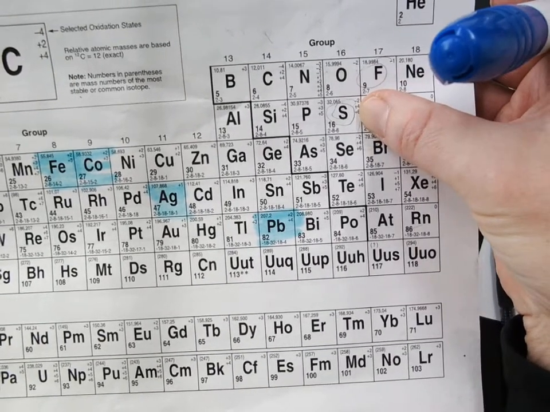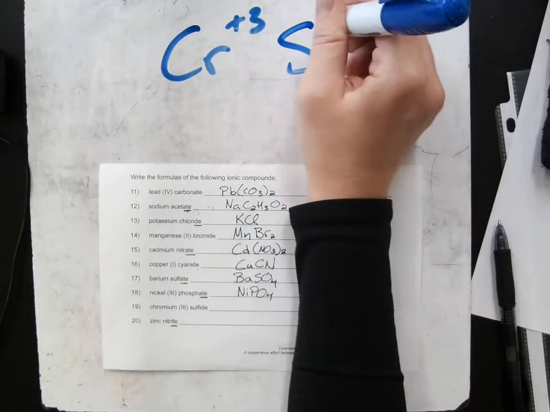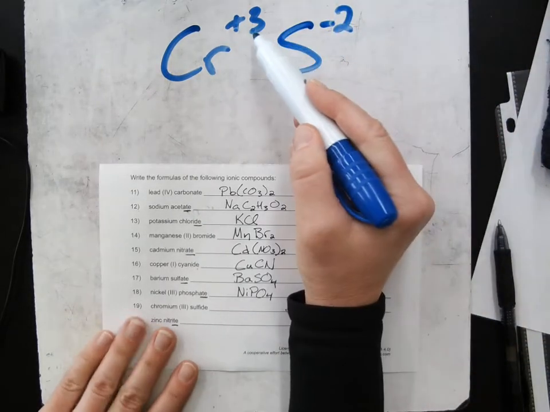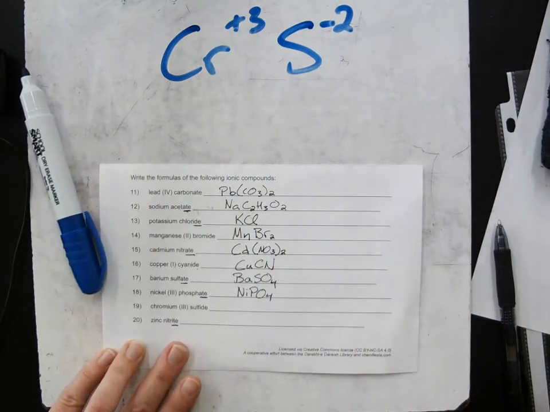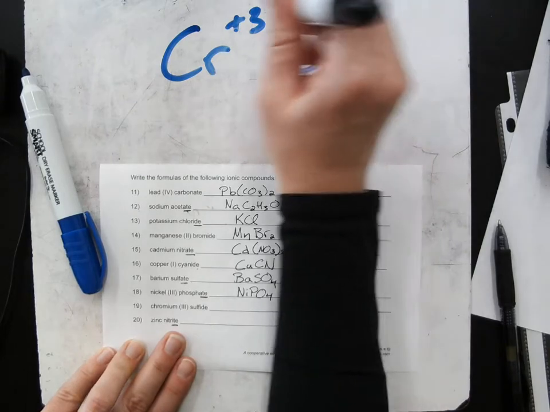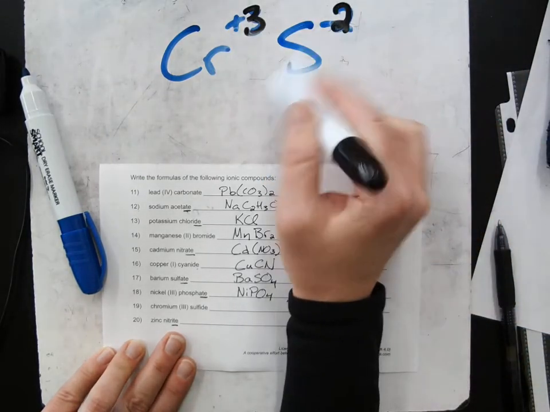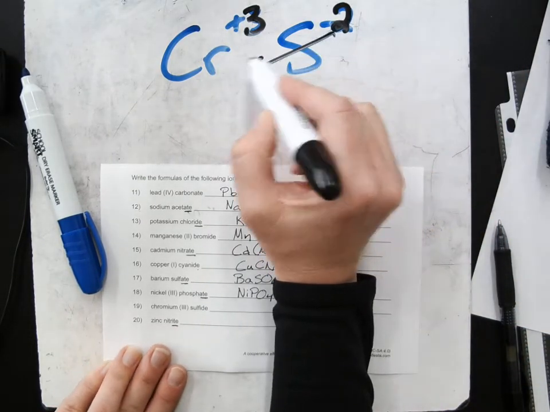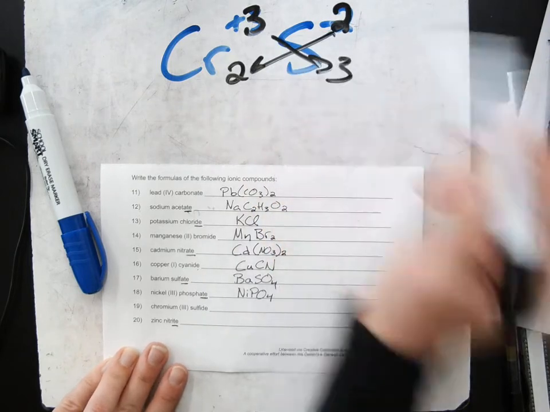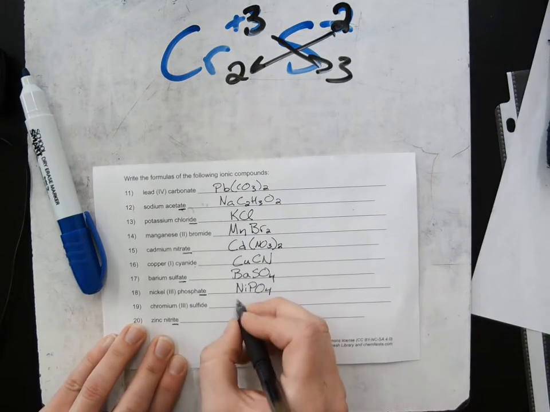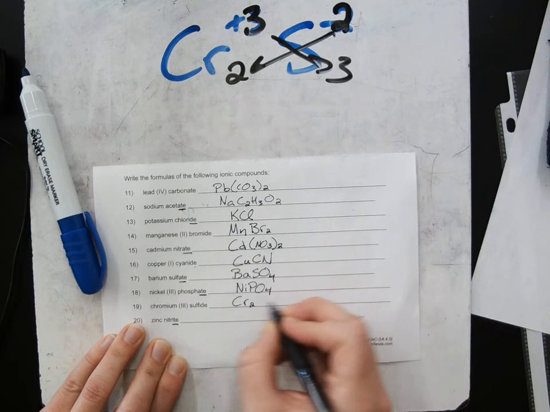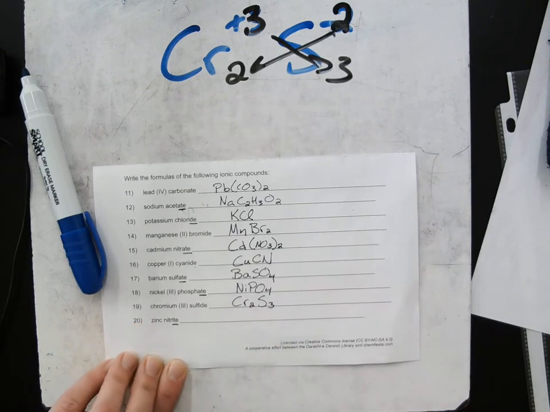The positive charges will not be used. Okay, now, plus 3 minus 2 do not cancel out. So I have to do crisscross applesauce with the ratio for Cr2, S3.